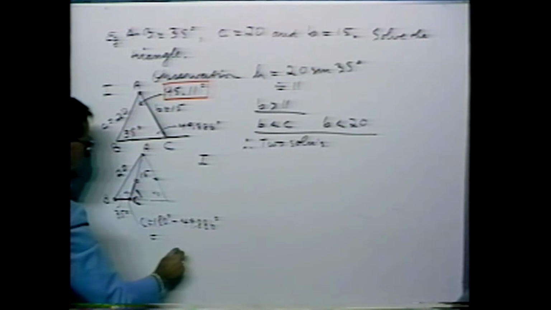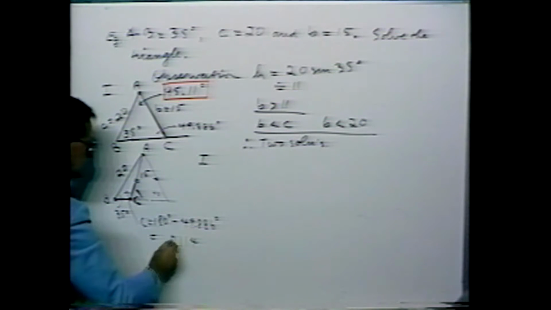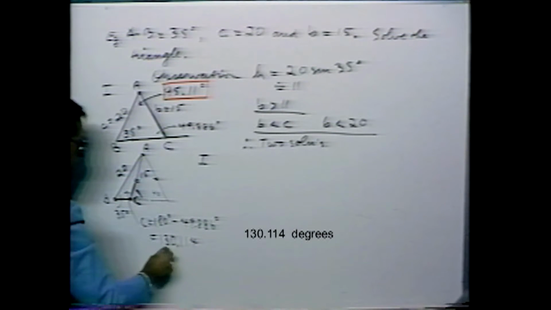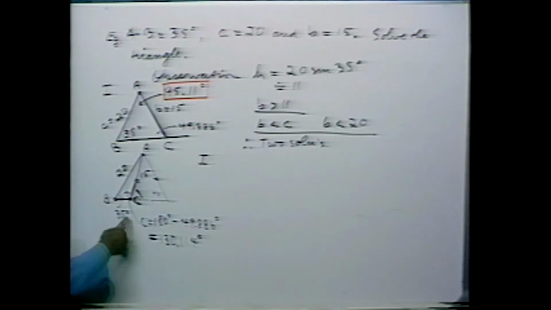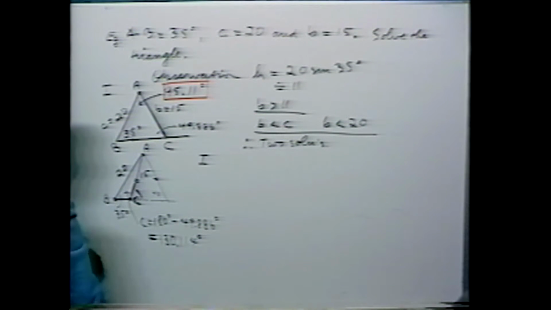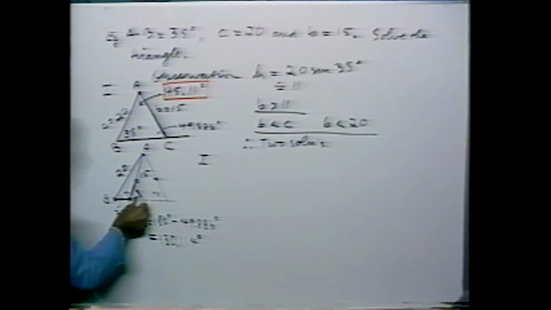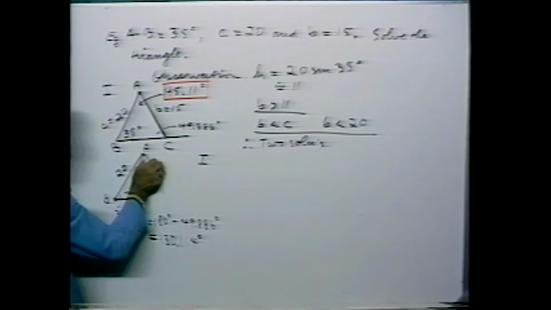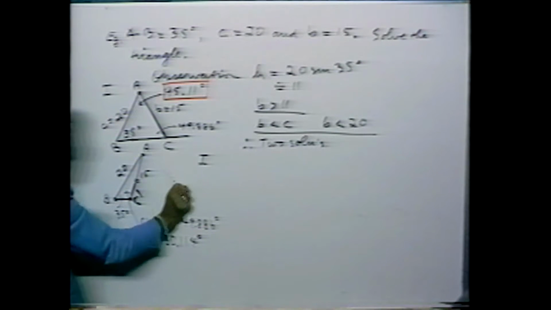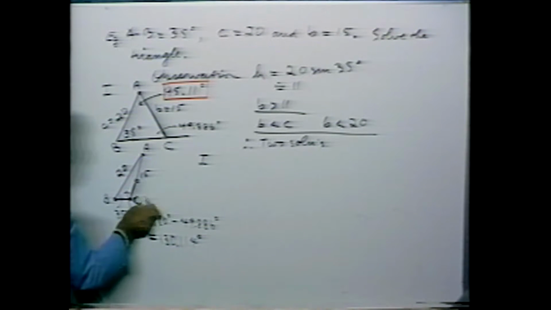And so it equals 130.114 degrees. So this angle C is now 130.114 degrees, and we don't want to look at the rest of these lines which were used in that analysis.